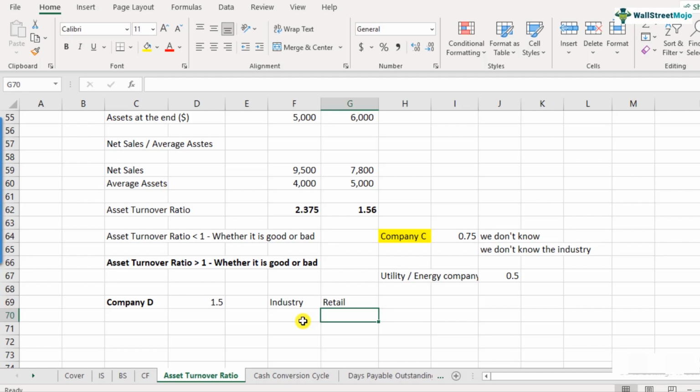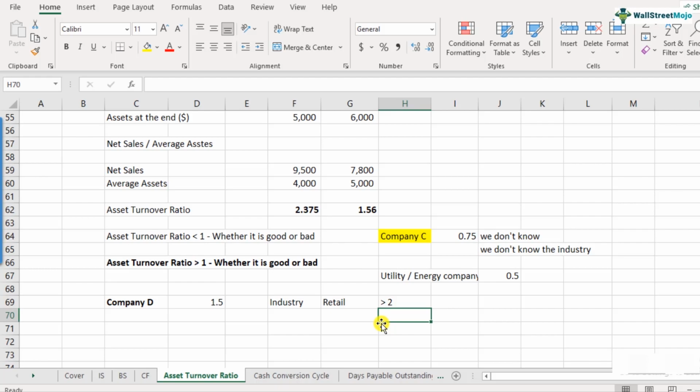To know whether this is good or not, you need to know whether the retail industry's asset turnover is greater than one or not. I'll just tell you what that number is. It's greater than two, actually. This industry operates at a higher asset turnover ratio because they have to quickly churn out sales per unit of assets.